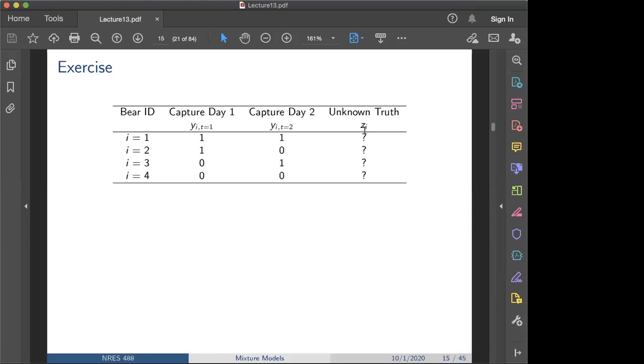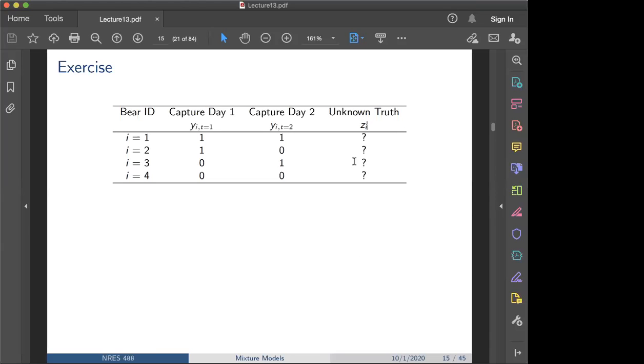So just as a quick exercise to try and understand these concepts, let's look at filling in these question marks here. Take a second and fill in as best you can the unknown Z's here. Remember, these are partially known. We know some of them, we don't know all of them.